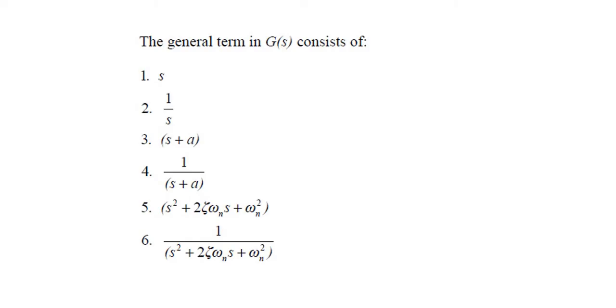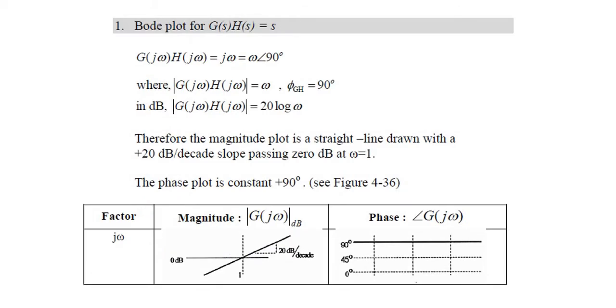So let's sketch. The general terms in G(s) consist of s, 1 over s plus a, which is for the first order, 1 over s squared plus a s plus b, for the second order, and so on. For the first one, s, we can draw this factor of j omega by magnitude and phase.